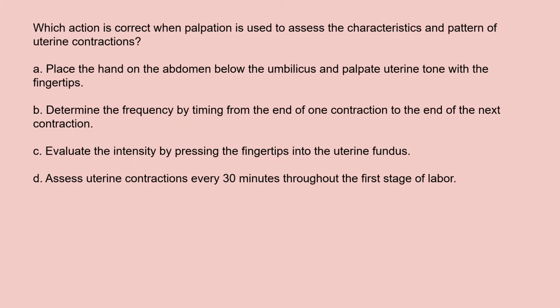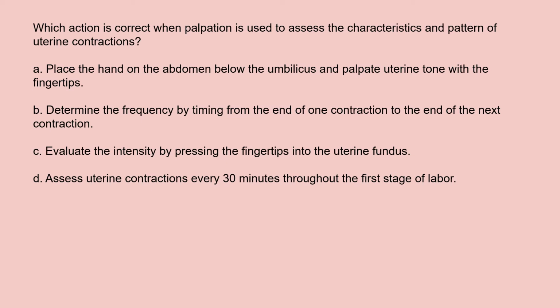Which action is correct when palpation is used to assess the characteristics and pattern of uterine contractions? A. Place the hand on the abdomen below the umbilicus and palpate uterine tone with the fingertips. B. Determine the frequency by timing from the end of one contraction to the end of the next contraction.